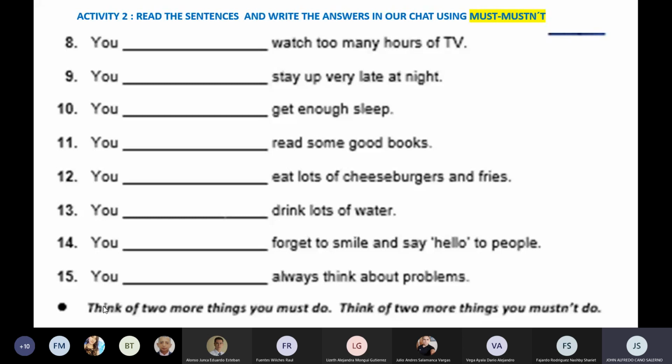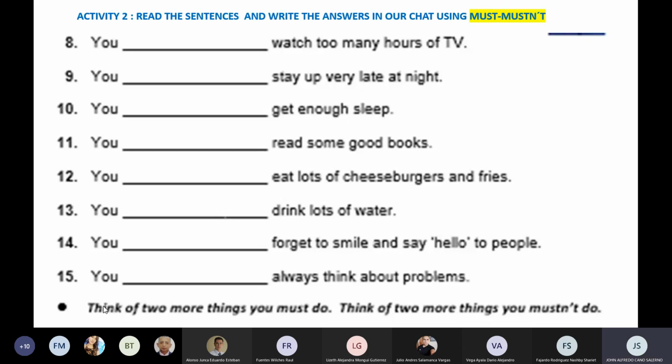Okay, you mustn't. It's like tú no debes, ¿no? Ver demasiadas horas de televisión. Okay, what about number 9? Stay up very late at night. Permanecer muy tarde, despierto en la noche. You mustn't stay up. Yes. Very good. Mustn't. Next.